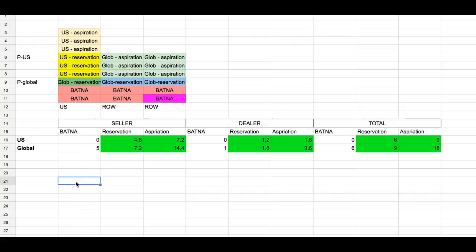So the seller estimates that if he sells, let's say we only take the global patent, right? The global patent. Again we go global patent. 6, 9, 18.